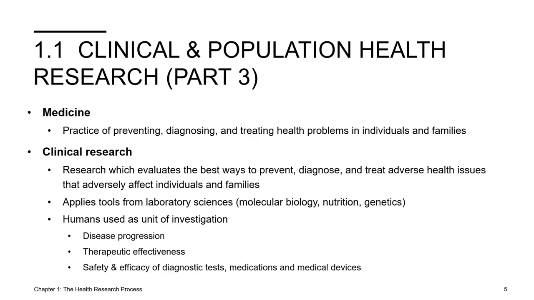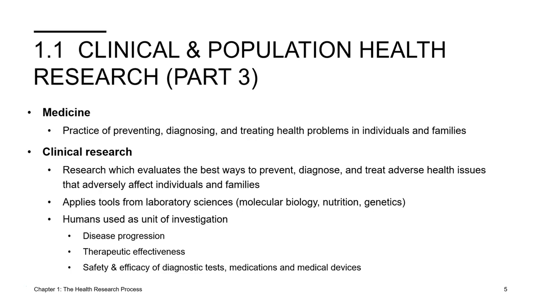Medicine involves the practice of preventing, diagnosing, and treating health problems in individuals and families. In general, medicine uses a narrow, micro-level approach to focus on the health of individuals. Clinical research is conducted to evaluate the best ways to prevent, diagnose, and treat health issues that adversely affect individuals and their families.